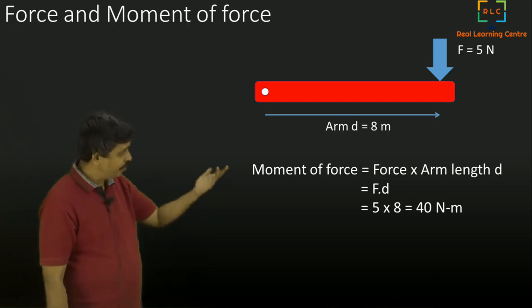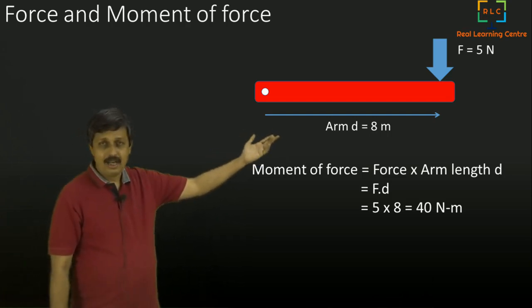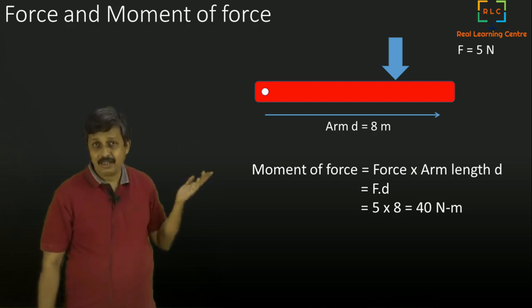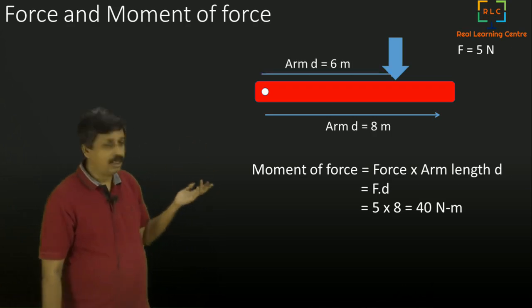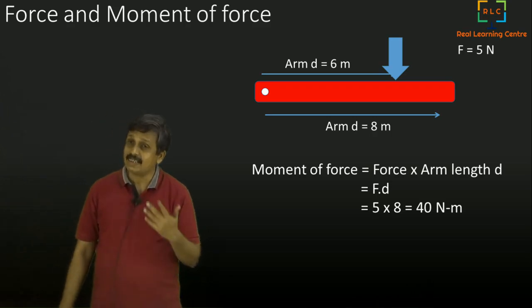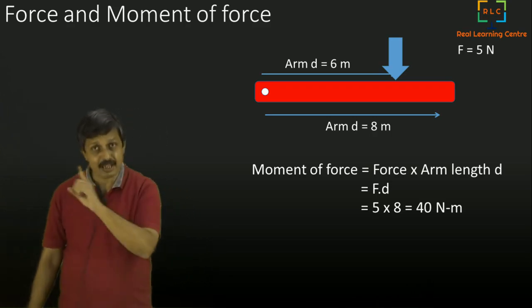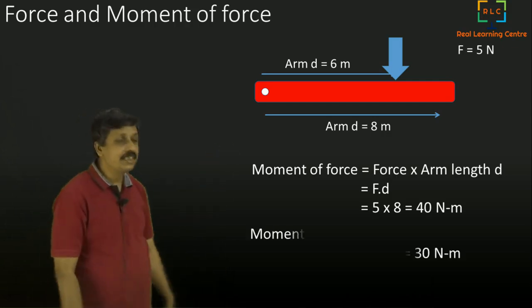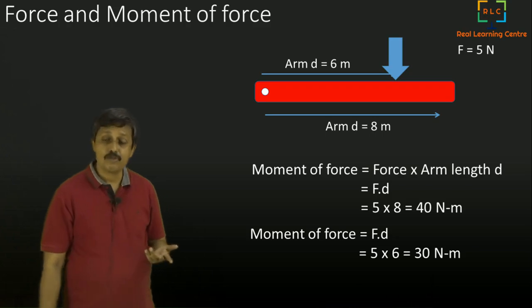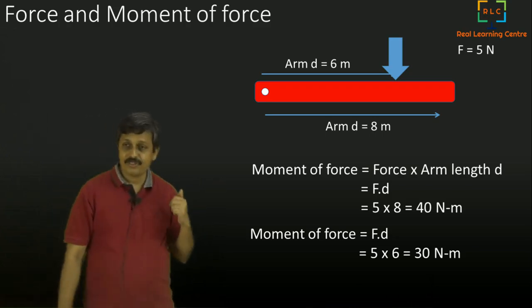Now if you take that same force and apply it at a nearer point, let us say the arm length here is 6 meters. Even though it is the same force, because you changed the arm length, the moment of the force becomes 5 into 6, which is 30 newton meter.